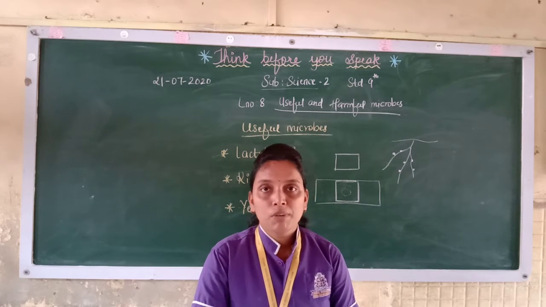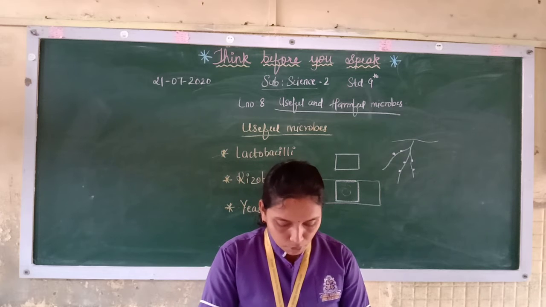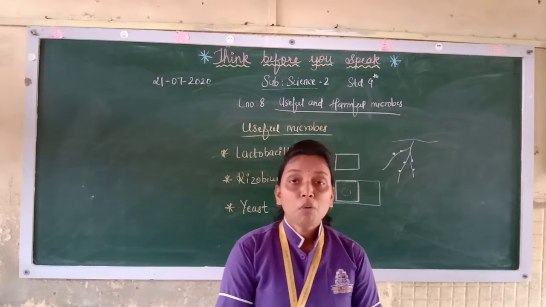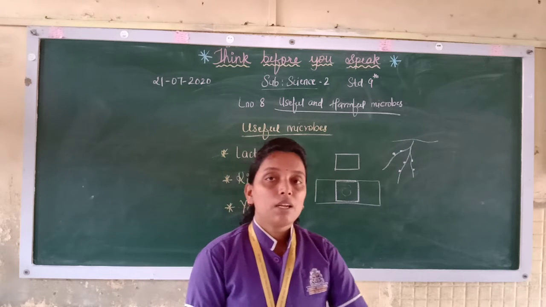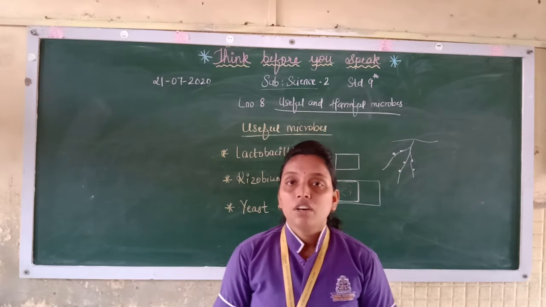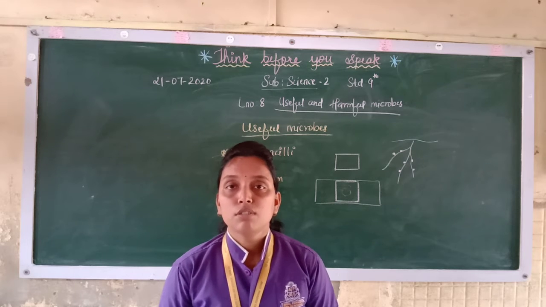Beans and pulses are rich in protein due to the nitrogenous compounds made available by rhizobium. So when we eat these, we get a lot of proteins from them.